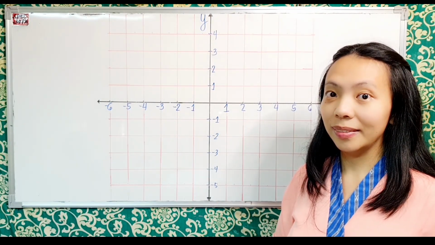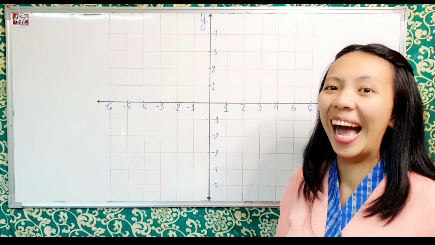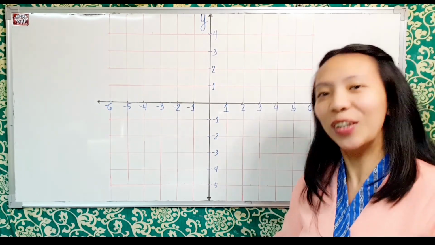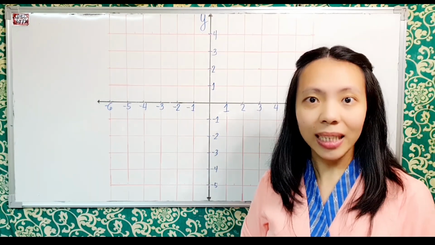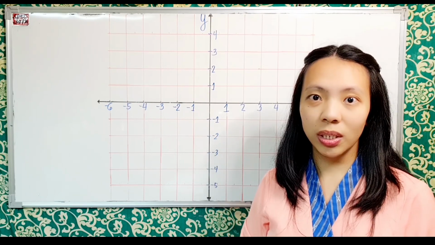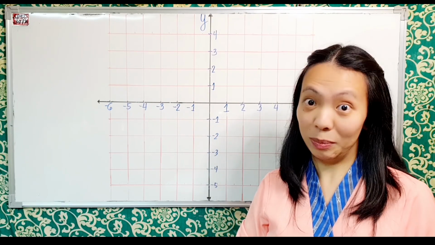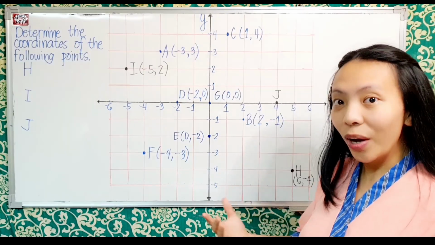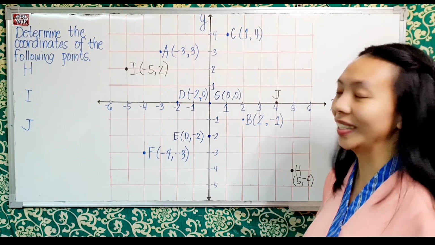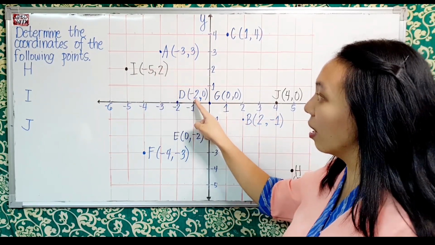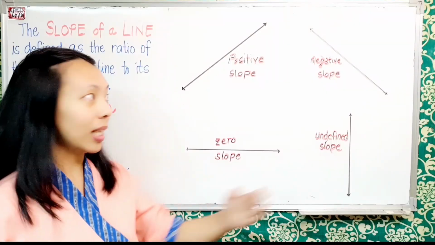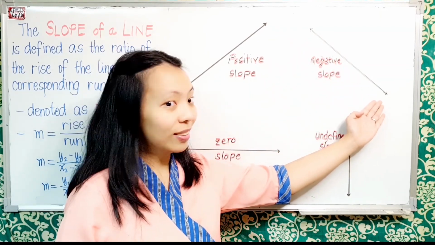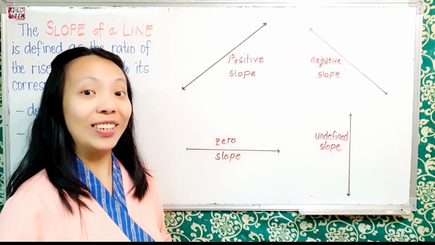Therefore, it is true. And since it is a pair of numbers, it is a point which is located on the abscissas. Negative slope, on the other hand, means the line is on the other hand.